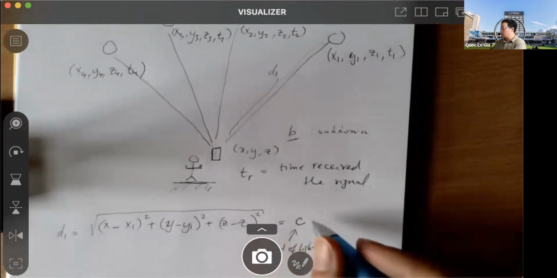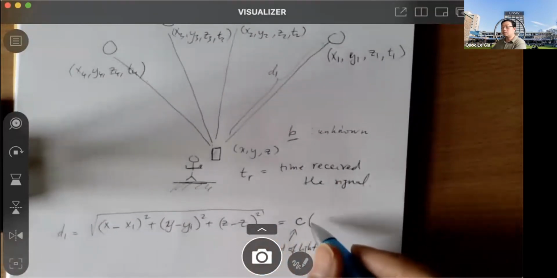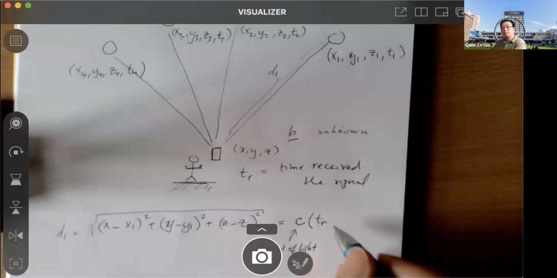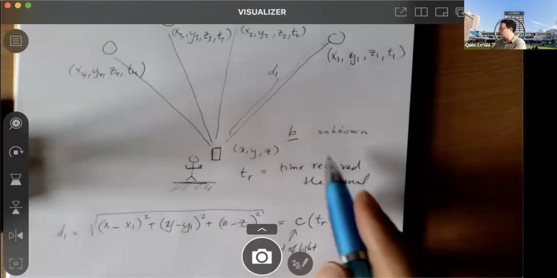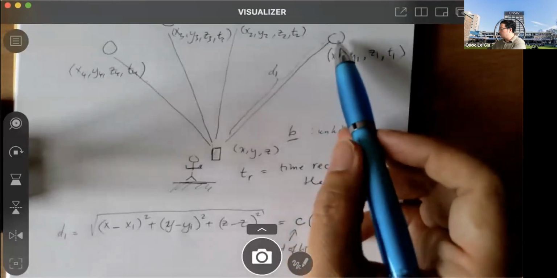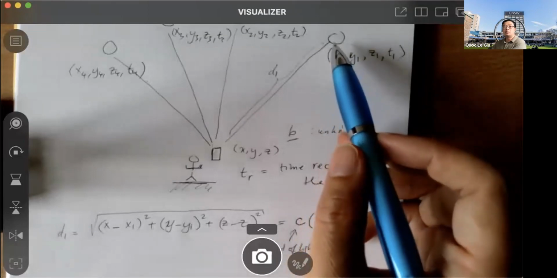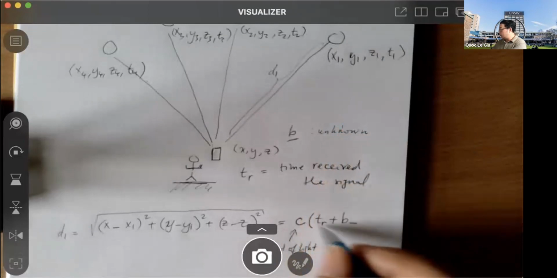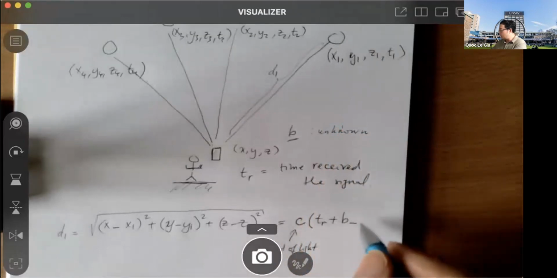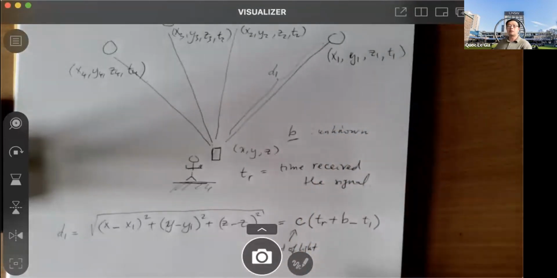And then the time is the time you receive the signals plus the bias. Bias is the difference between your clock and the true clock, because the satellites have a clock as well, and they have to compare their clock with the true atomic clock somewhere. The time it travels is just the difference: when you receive the signal minus t1, where T1 is when the satellite sends you the signal, the timestamp.